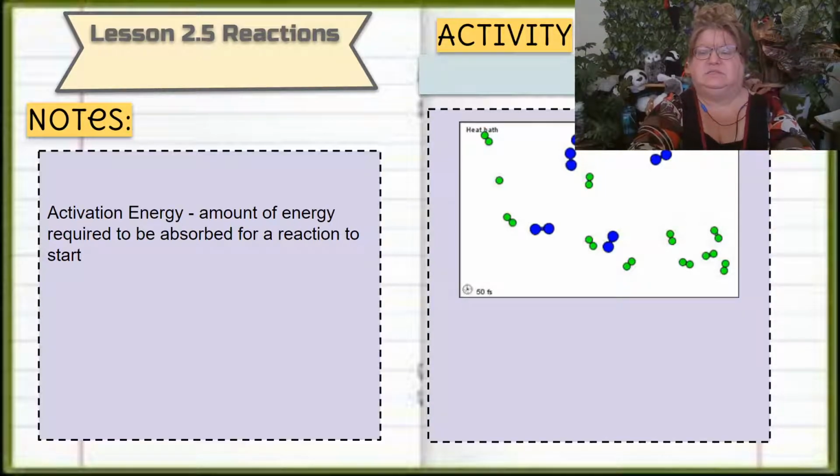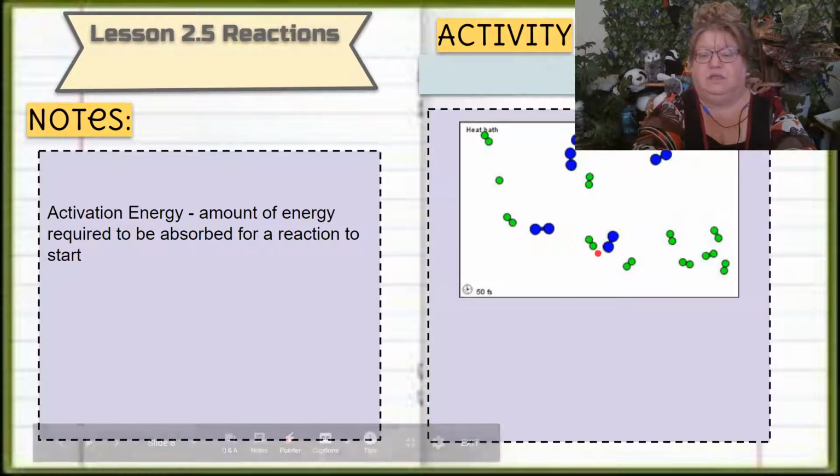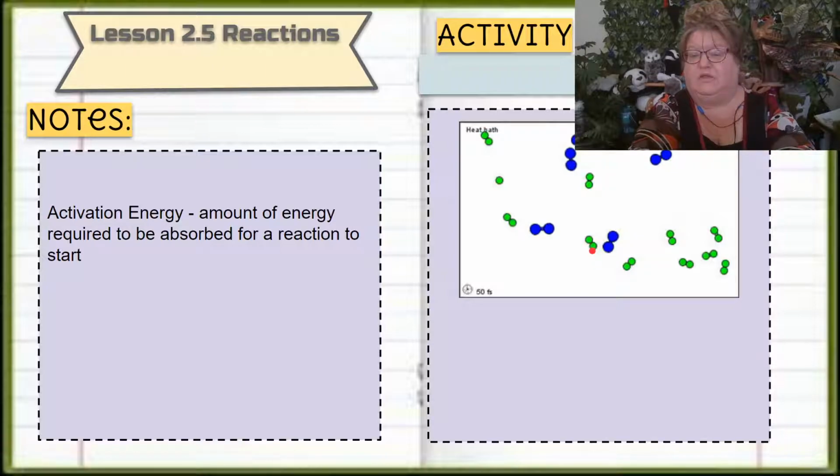So, for instance, in this image, the blue circles are held together by a bond, and then the green circles are connected together too. In order for the reaction to take place, we would need to break those bonds, and that requires energy.